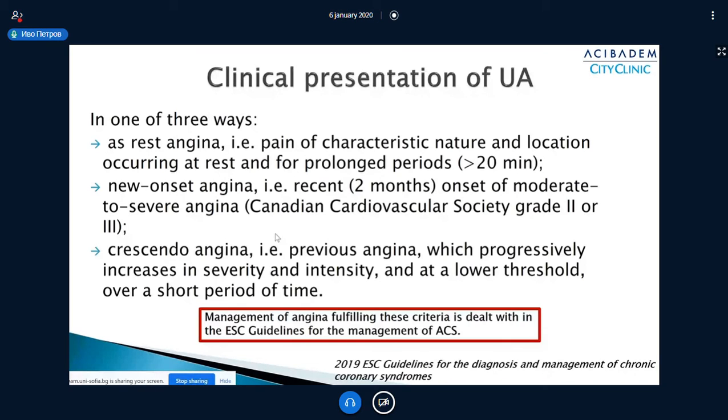The laboratory test is the one that will tell us if the patient has already myocardial injury or it's just a deep ischemia.